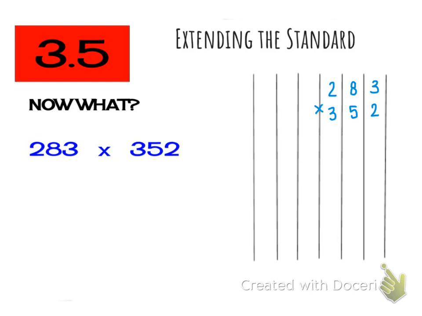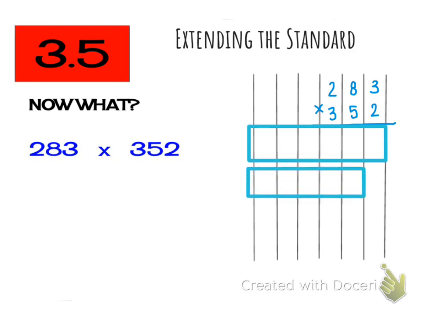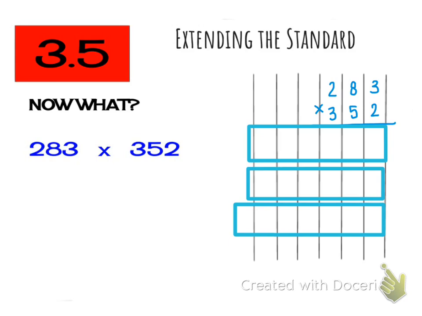Since we are multiplying by 3 digits, we are going to get 3 sets of numbers for our multiplications: what we get when we multiply by 2, by 5, and by 3. So I'm going to leave those boxes there this time just so you know that we have to fill them in as we go.